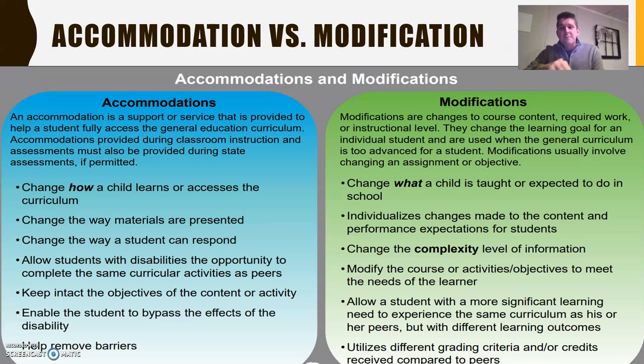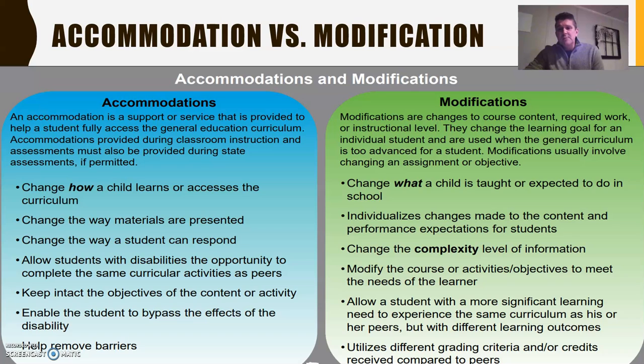That is different from a modification, which changes what the student is being taught, the standards that are being addressed, the complexity that is being addressed. So both accommodations and modifications have a place in what we're doing for students with diverse needs, but certainly modifications have a much more significant impact when you think about changing the content, changing the standards.